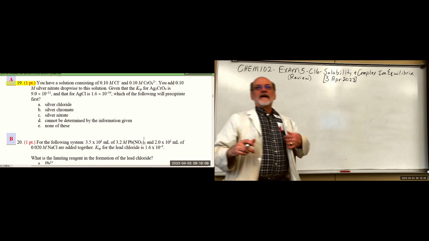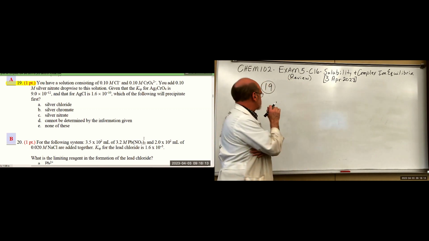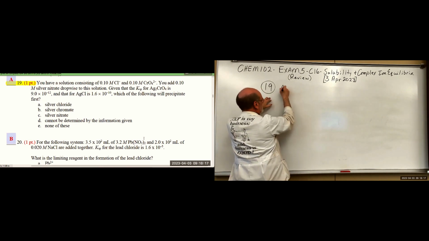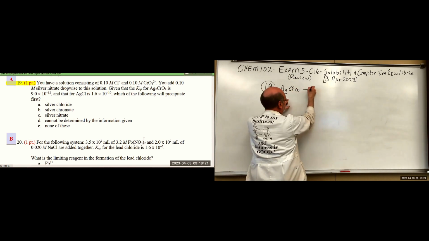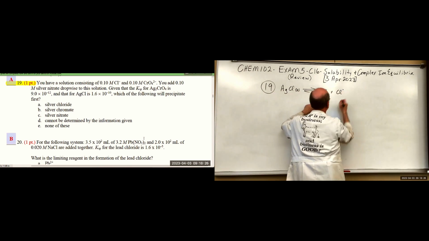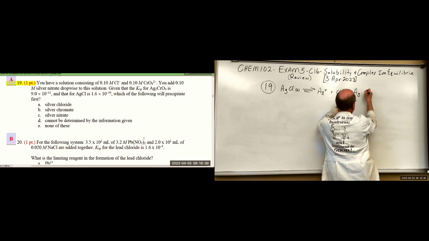Okay. Let's see. We've got these two reactions that are under consideration here. We have silver and chloride here, and we have silver chromate.